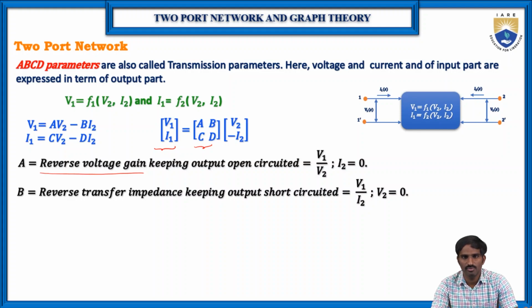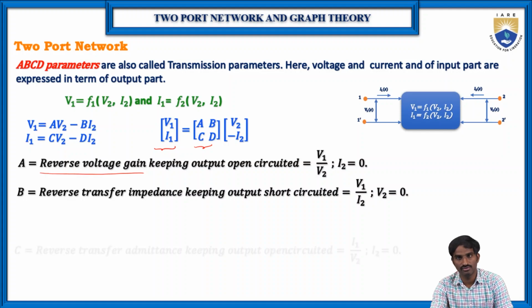But in the ABCD parameters, in some cases one port is open circuited, and in another case the other port is short circuited. So just observe here: B is the reverse transfer impedance, keeping the output short circuited.